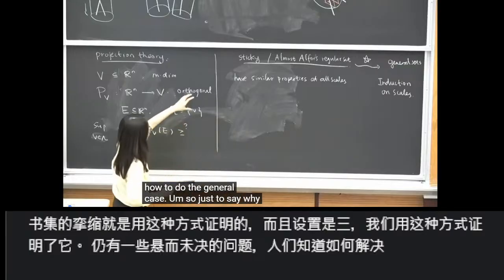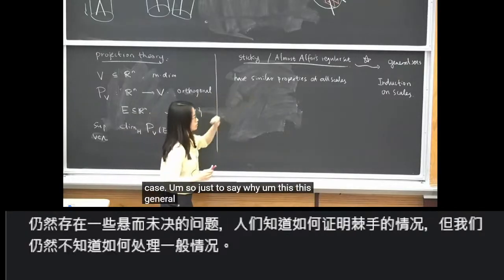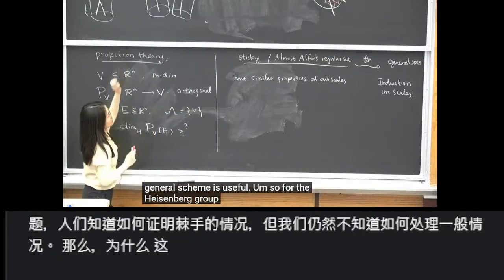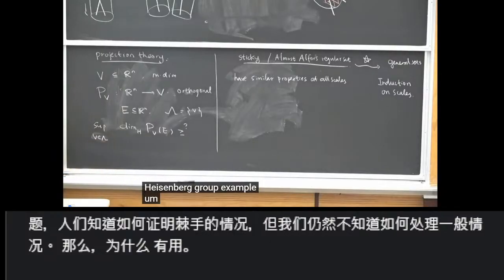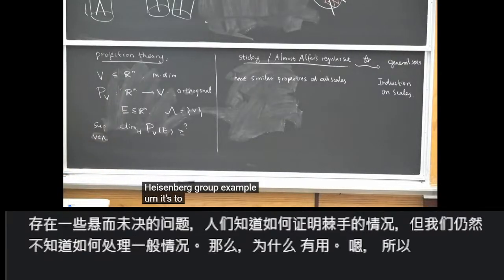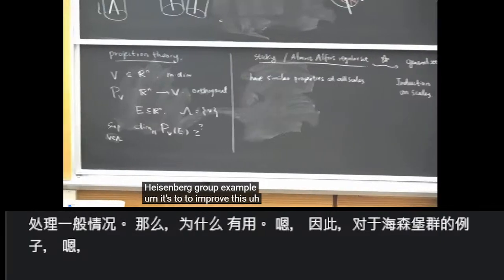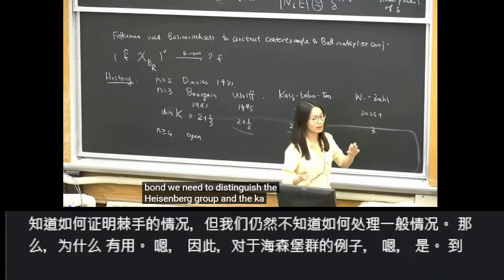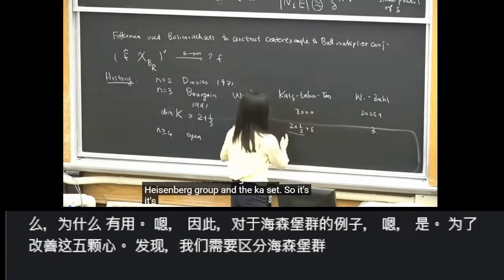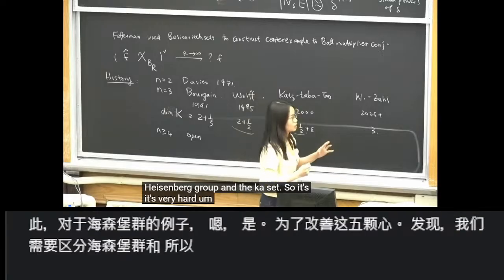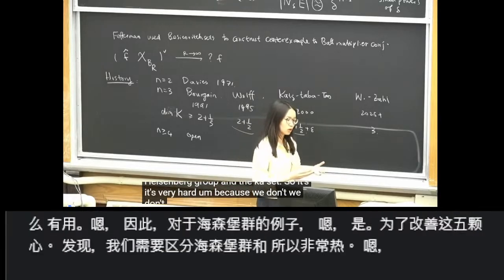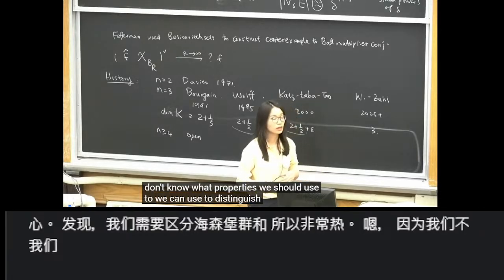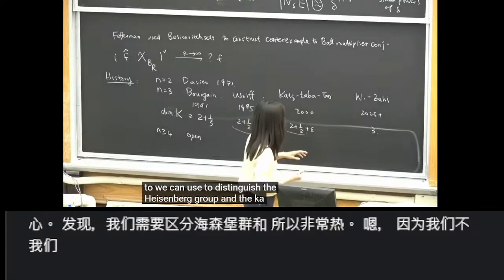Just to say why this general scheme is useful: for the Heisenberg group example, to improve this 5 halves bound, we need to distinguish the Heisenberg group and the Kakeya set. It's very hard because we don't know what properties we can use to distinguish them.